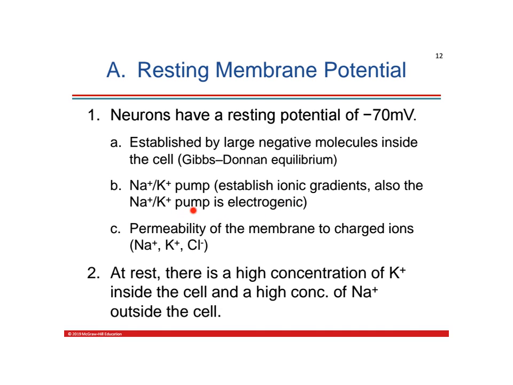But the other thing that's actually less important, but also contributes, is the fact that the sodium-potassium pump is electrogenic. Because the pump will pump 3 sodium out for 2 potassium in, with each cycle of the pump, you essentially have positive charge moving out and leaving behind a negative charge. And so this is also going to make the cell slightly negative.